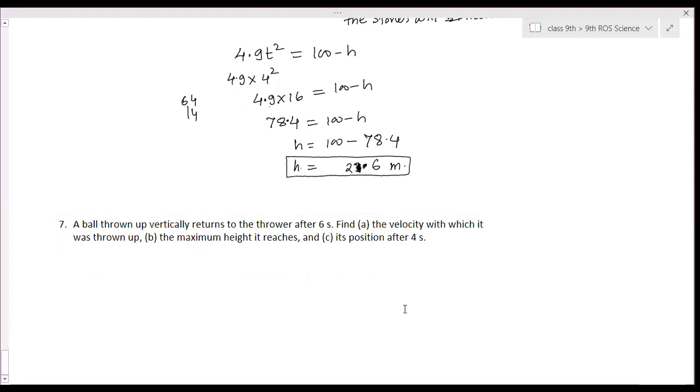Calculate the velocity with which it was thrown up and maximum height. First and second question you can solve it.